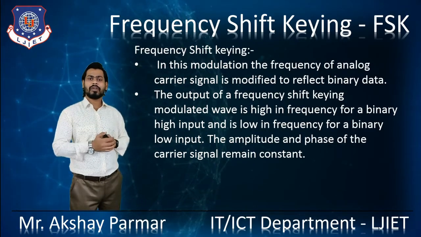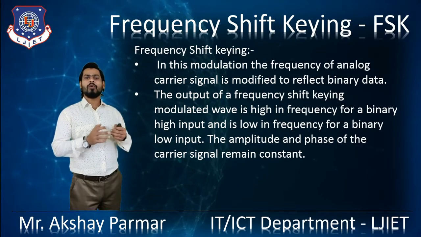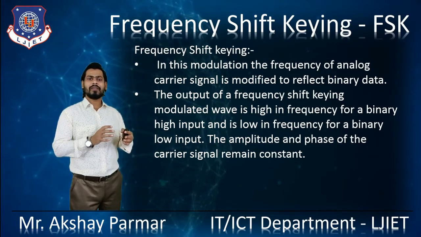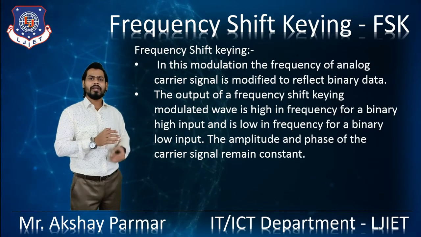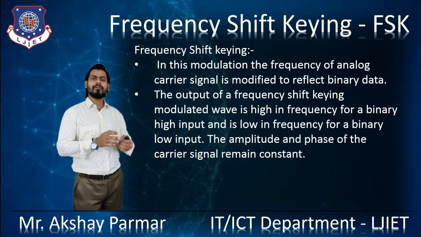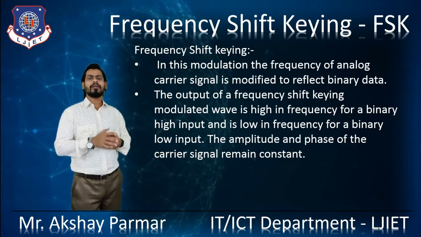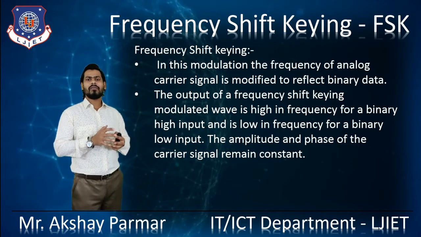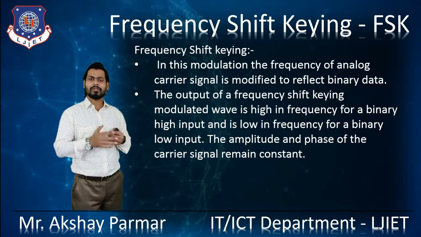So the output of frequency shift keying is a modulated wave that is high in frequency for binary high input and low in frequency for binary low input, right? The amplitude and the phase of the carrier signal remain constant, right?